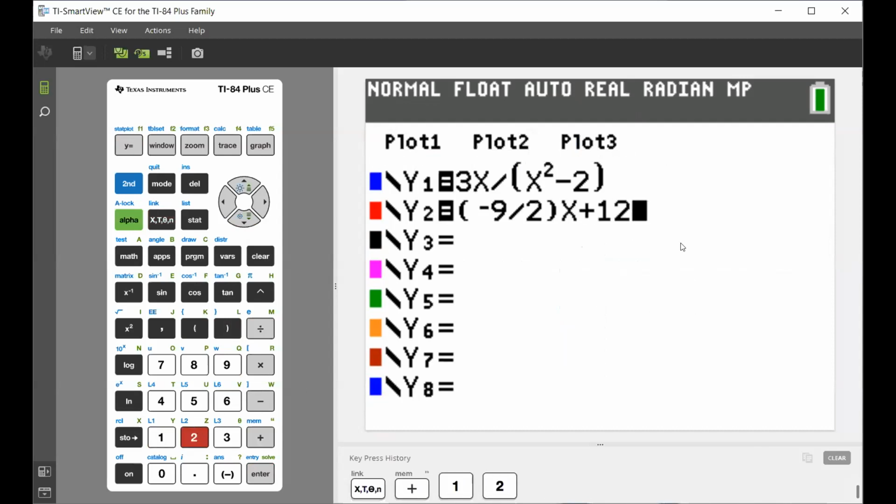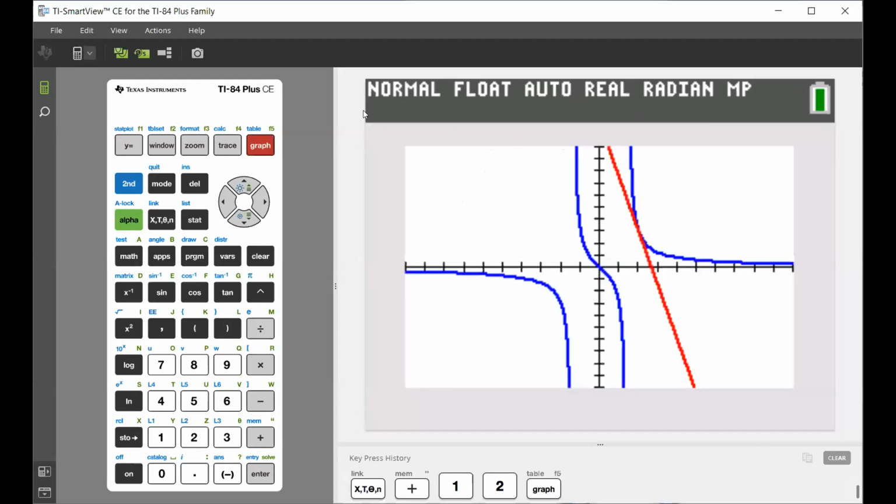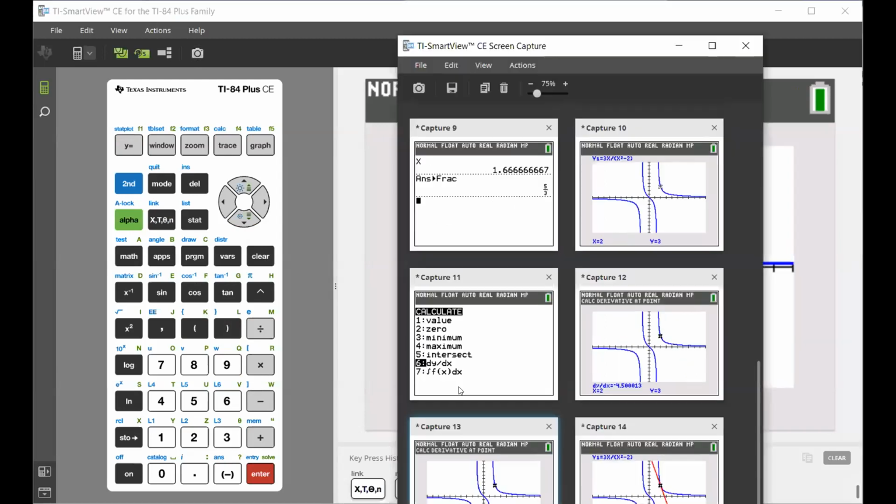That's what we got for the equation of the tangent line. Sure enough, I'm even going to go back and trace to the point 2,3. And the red line is the tangent line that I computed over on the paper. Okay.